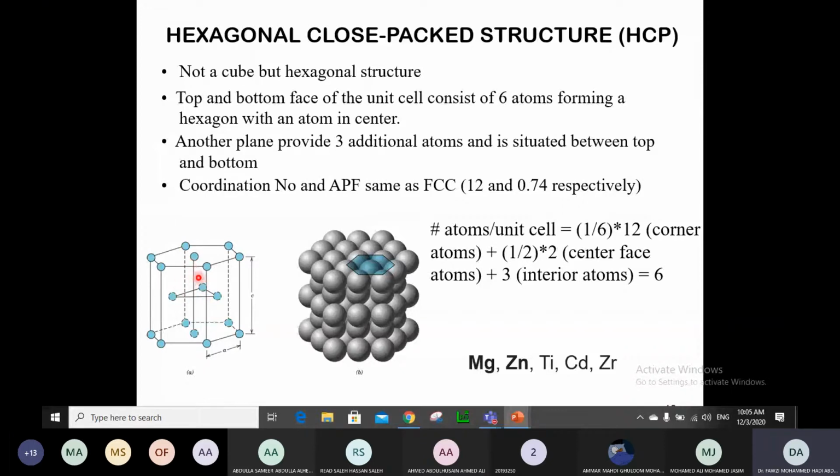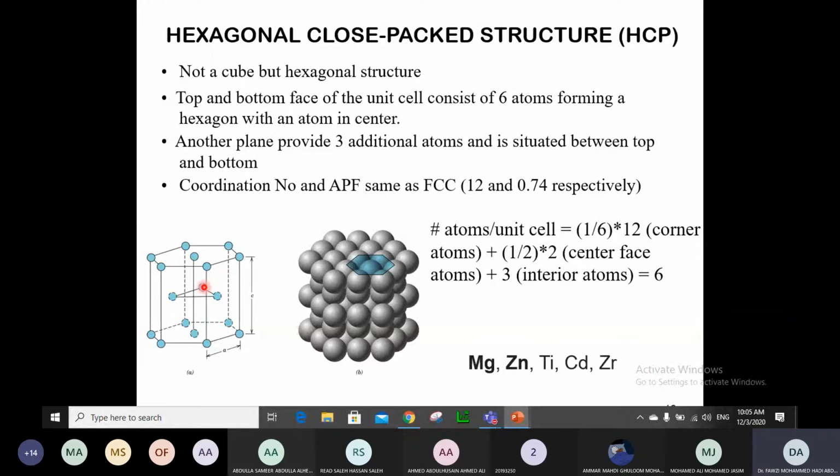This is touching from that side, this is touching from this side, and this is touching from the spaces which are there. So in addition to 6 atoms here, you have 3 atoms also touching from the bottom. In addition to that, there are another 3 atoms there. This is the hexagonal unit cell.